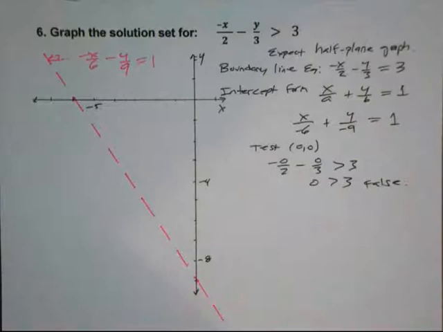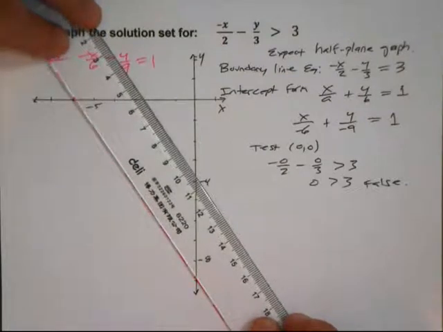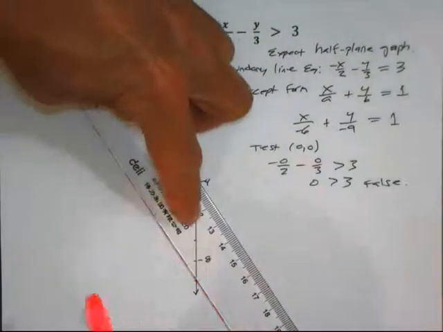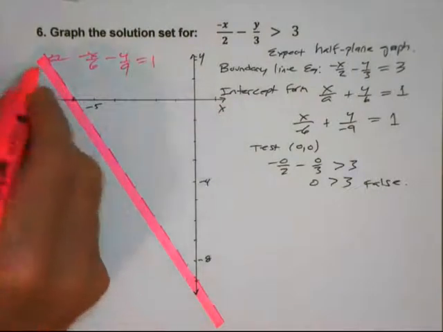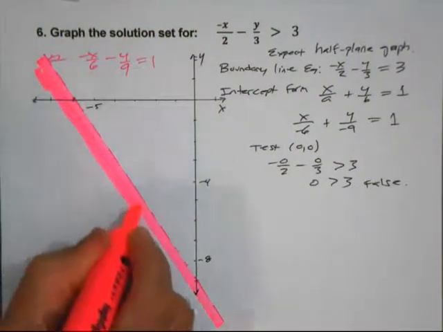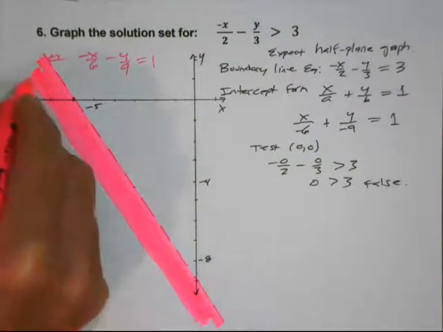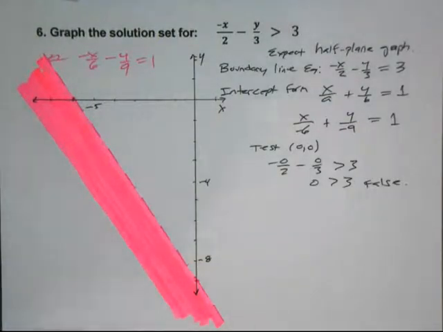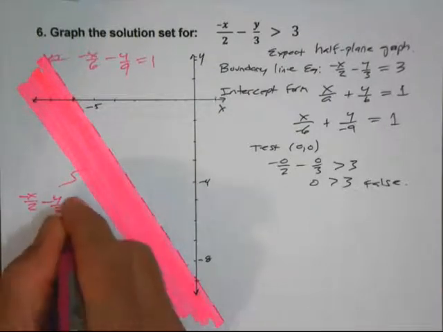Okay, so all of this region here becomes the solution set to negative x over 2 minus y over 3 greater than 3.